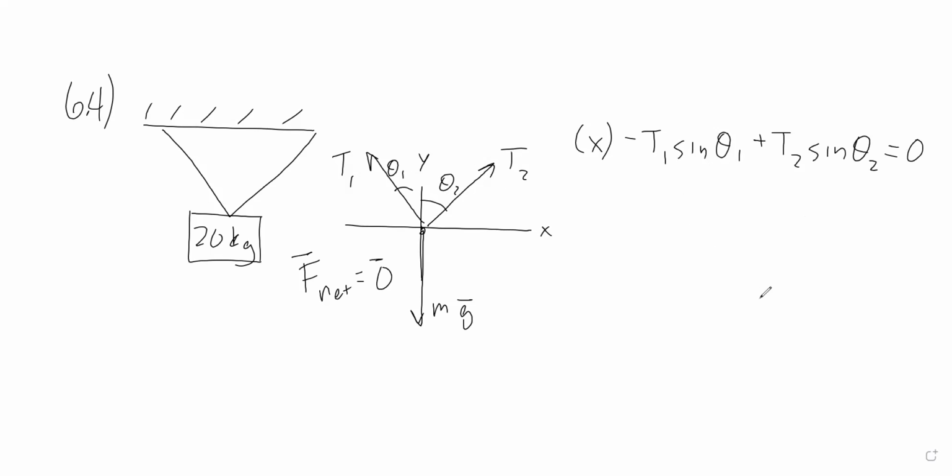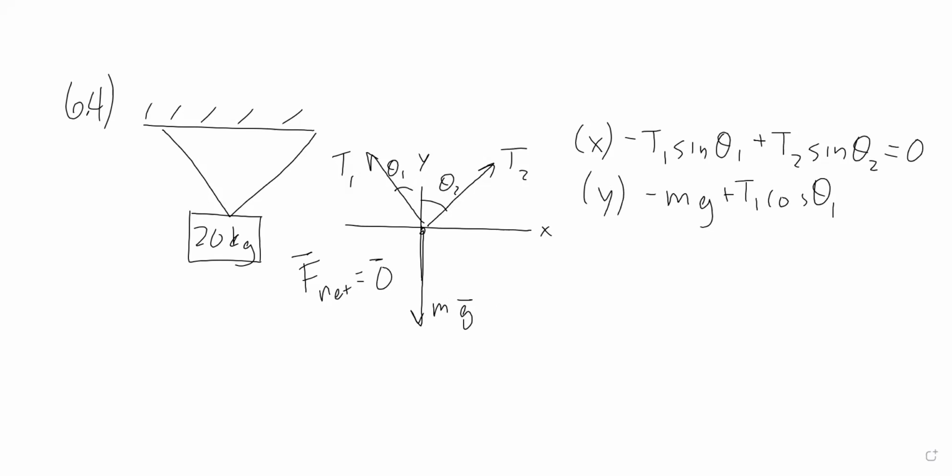What about in the y direction? Notice all those signs, and I'm keeping all the signs consistent. Anything that points to the left has a negative. Anything that points down also has a negative. So, how do we sum the forces in the y direction? Well, sometimes people like to start with minus mg. That's fine. So it's minus mg, and then the other two will be plus T1 cosine theta 1.